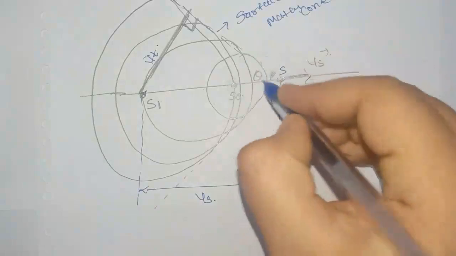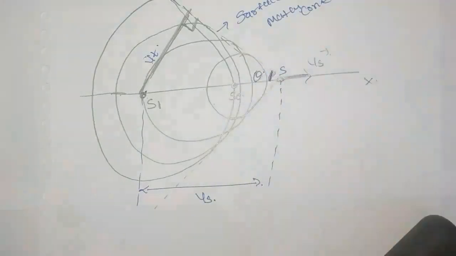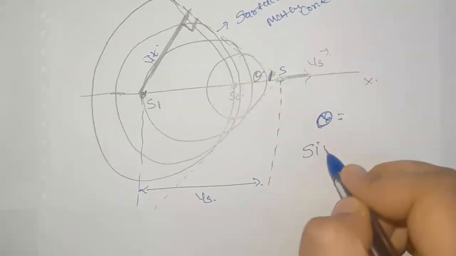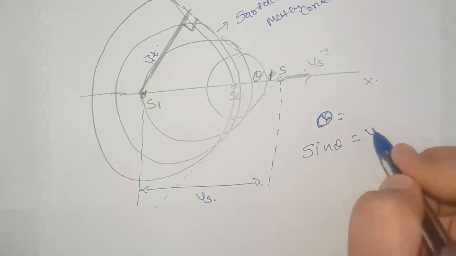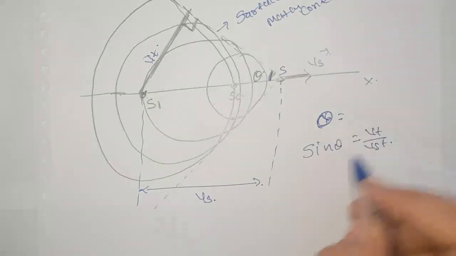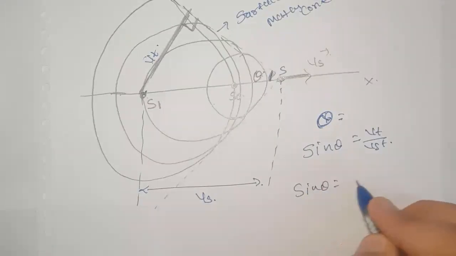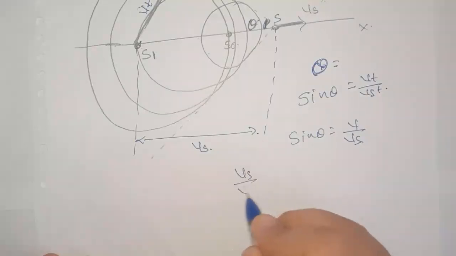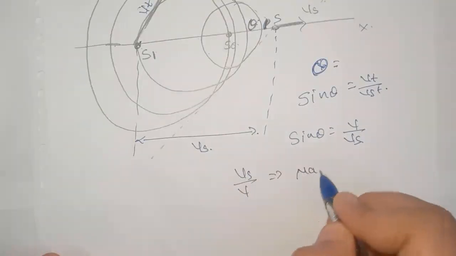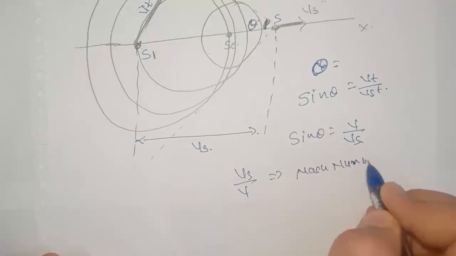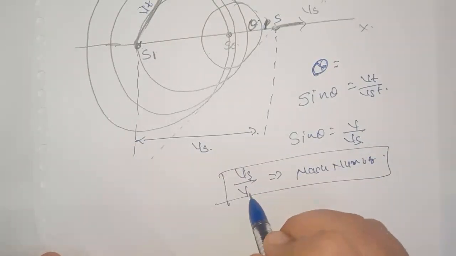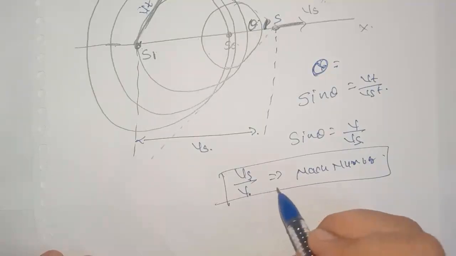The half angle of the cone, theta, is called the cone angle, and it is given by sin theta equals Vt by Vst. So sin theta will be equal to V by Vs. Here the ratio Vs by V is called the Mach number. Vs is the speed of the source and V is the speed of sound in air.